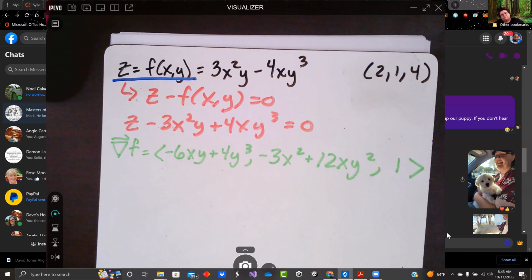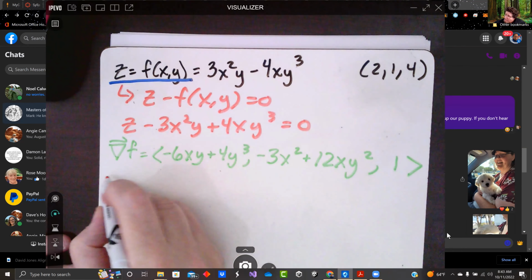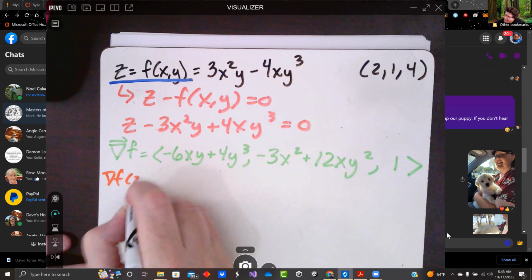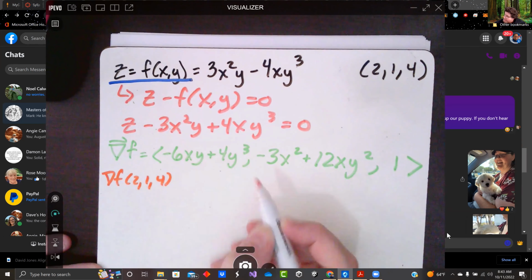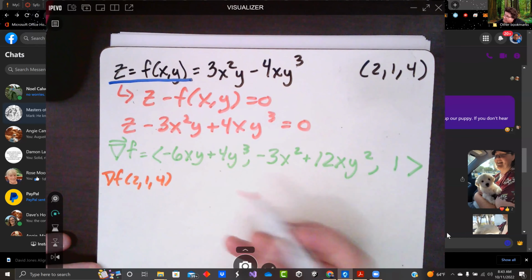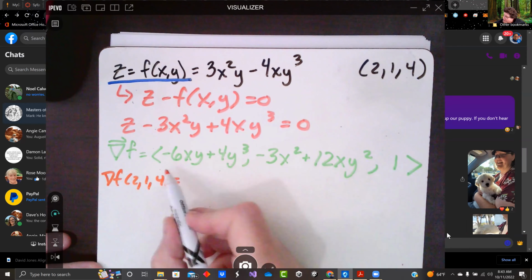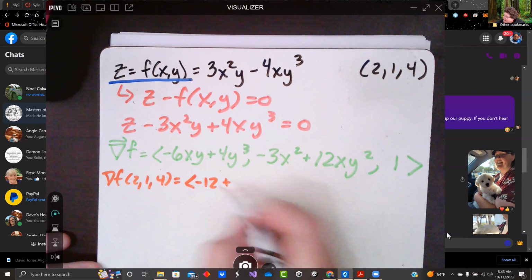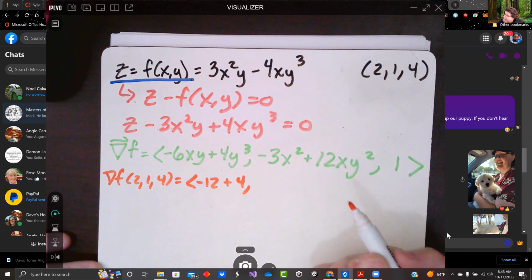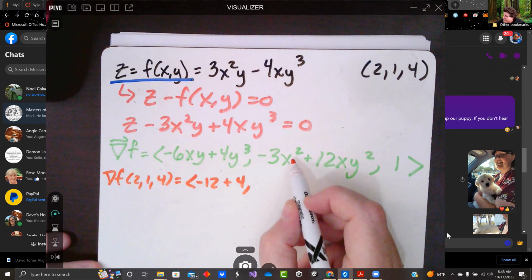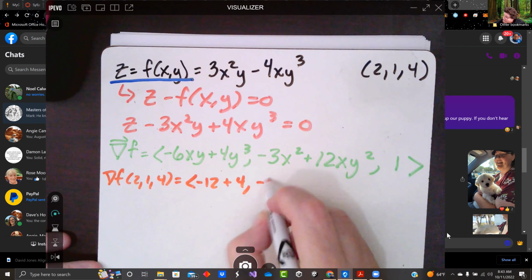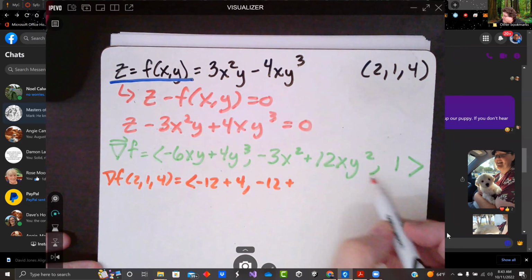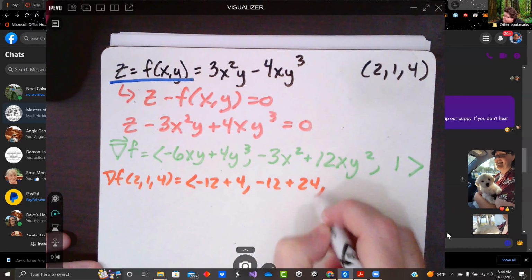Did that right? Yeah, I got the same thing. It looks right to me. And now we'll evaluate at (2, 1, 4). So this is 2 and 1 is -12 plus 4. I've got another -12. Plus 24 and a 1.